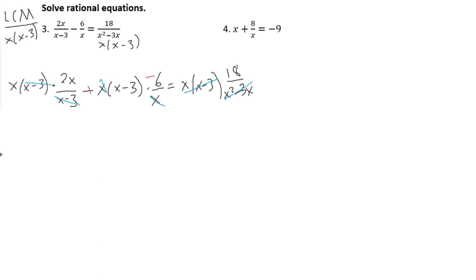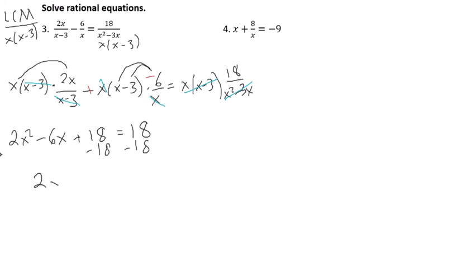Now let's multiply out and see what we got. 2x times x is 2x squared. And then we have -6 times these two terms, which is -6x and a plus 18. And all this canceled out, so it's just the 18 on the right. So I can quickly subtract 18 from both sides and zero out the right side because this is quadratic.